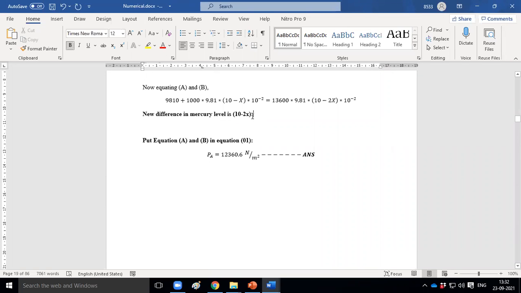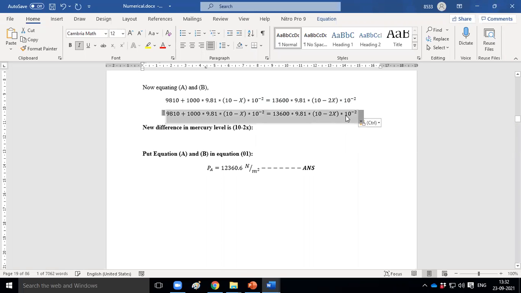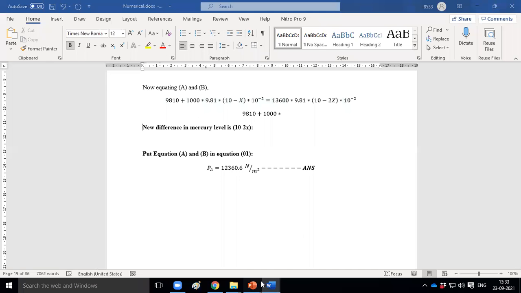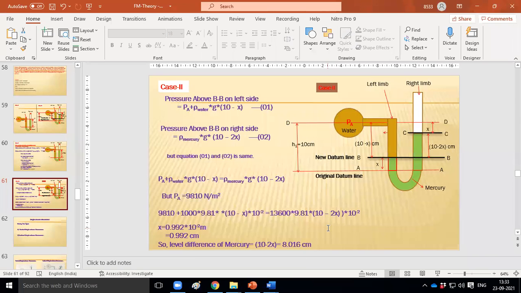Just simplify it and find out the value of x. Sir, 4.9815. No, it is 9.992.